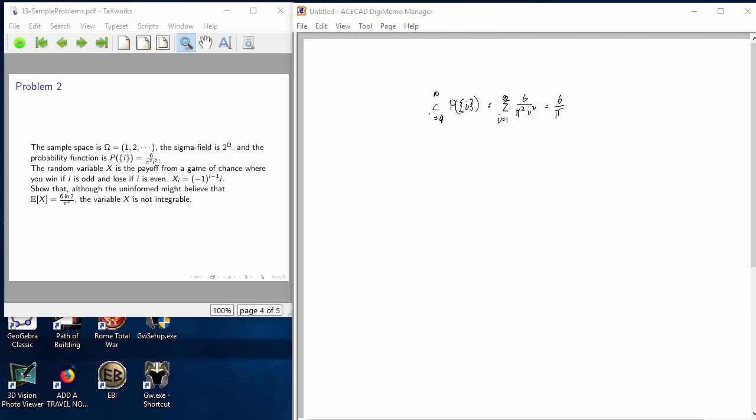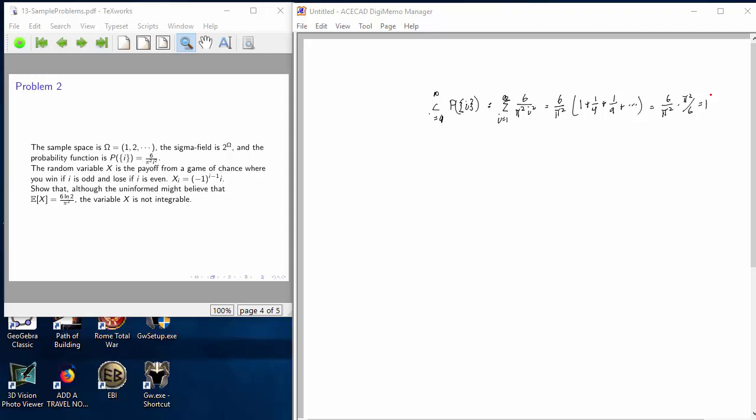That's 6 over pi squared times 1 plus 1/4 plus 1/9 plus ... This series was summed way back when by Euler. It sums to pi squared over 6. So the probabilities do indeed sum to 1.